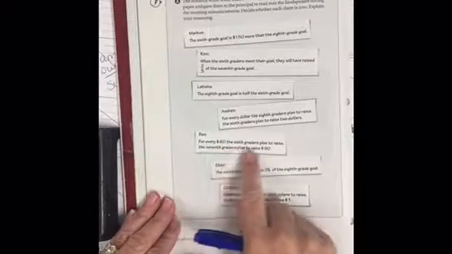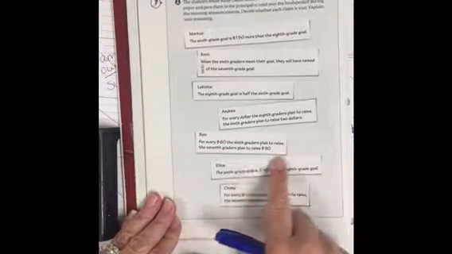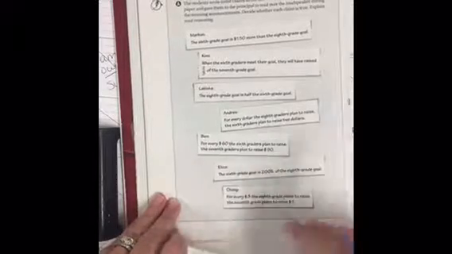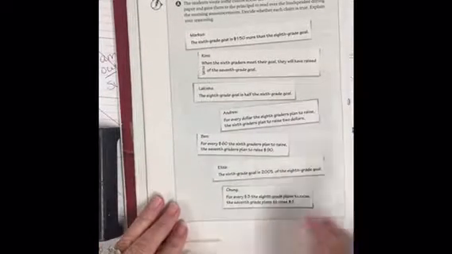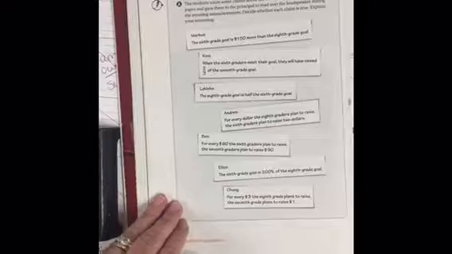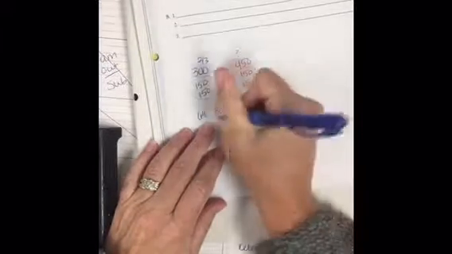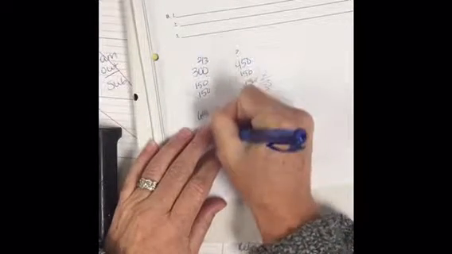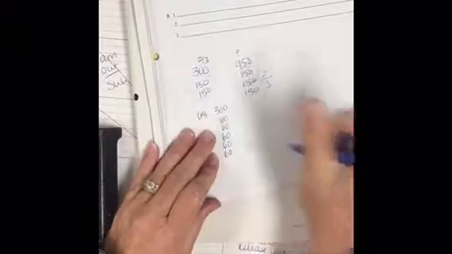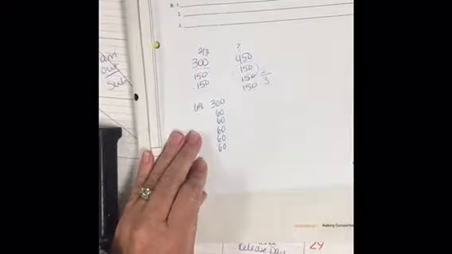5. Then, for every $60 the 6th graders plan to raise, the 7th graders plan to raise $90. Okay? So if I look at 6th graders, their goal is 300. So how many 60s go in there? 60, 60, 60, 60, 60. Does that add up to be 300?